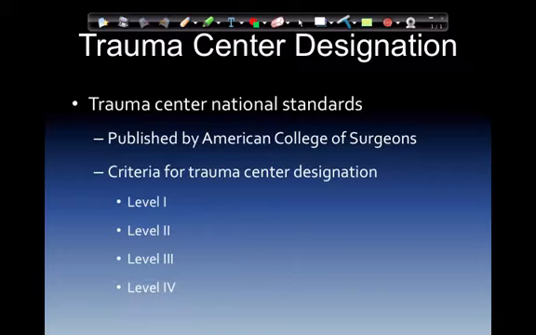A Level 3 has 24-hour coverage by emergency medicine physicians and promptly available general surgeons and anesthesiology. A Level 4 has 24-hour emergency department facilities with the ability to implement advanced trauma life support protocols and 24-hour laboratory coverage, with transfer protocols and formal transfer agreements for patients requiring a higher level of care.